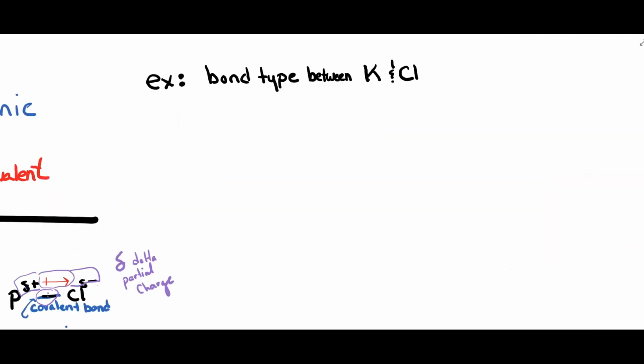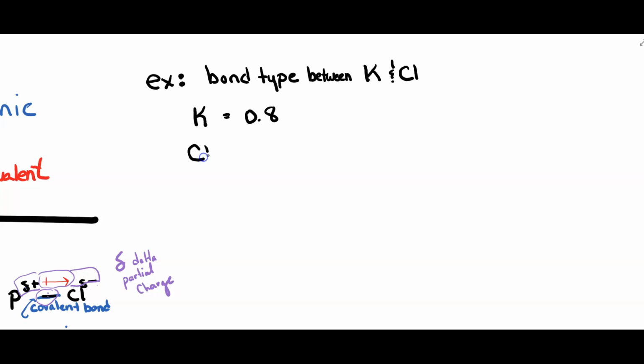As an example, let's prove what type of bond forms between potassium and chlorine. Using the electronegativity table, a reference sheet you would always have with you when you're asked to use it, we find that the electronegativity value for potassium is 0.8.